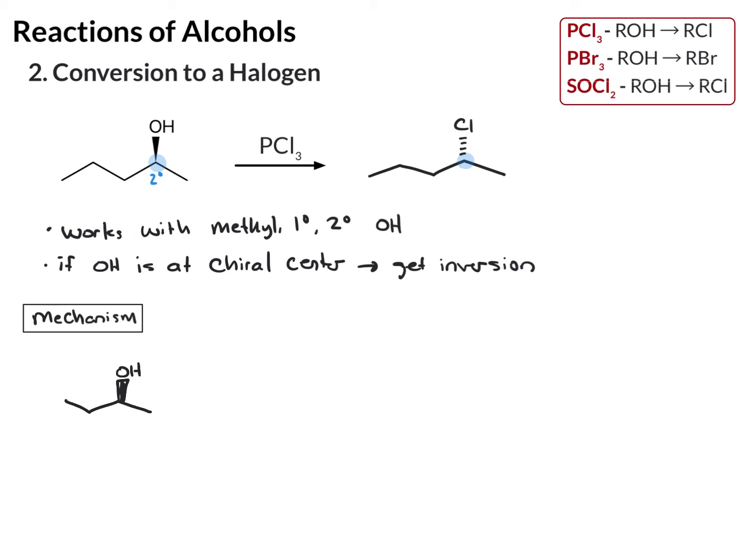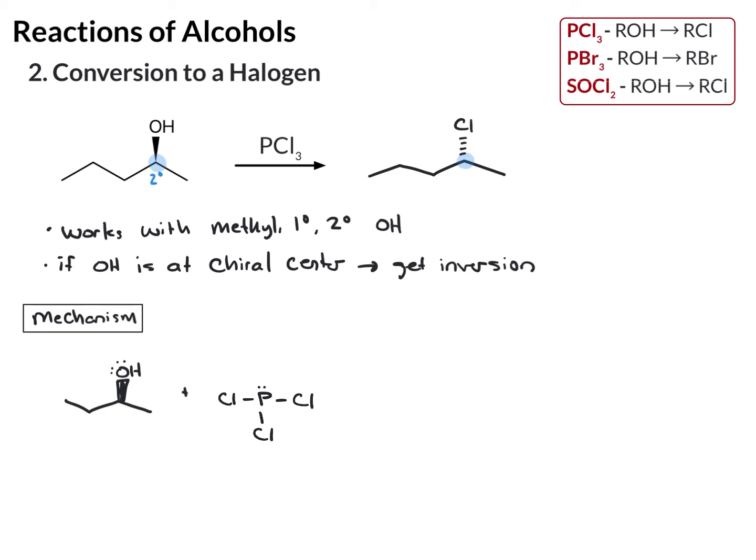So we have our OH, which has lone pair electrons on the oxygen. And then I'm going to draw out the PCl3. Now, phosphorus can act as a nucleophile because it does have a lone pair here, but it can also act as an electrophile. It's kind of an interesting species.